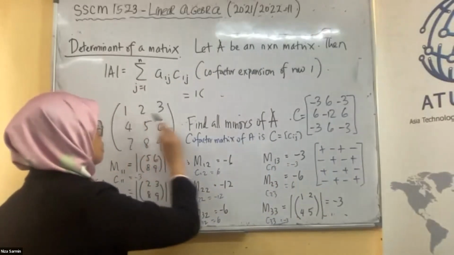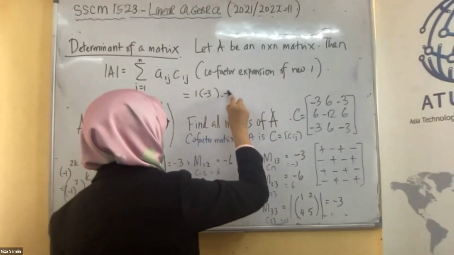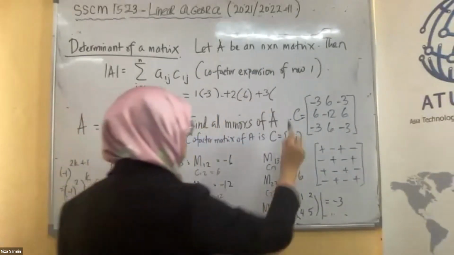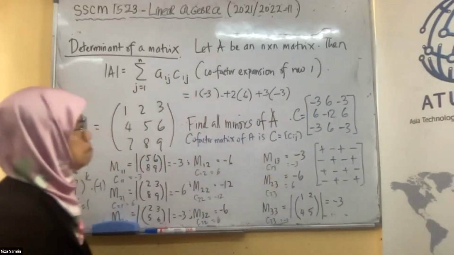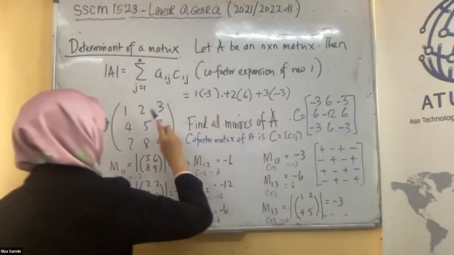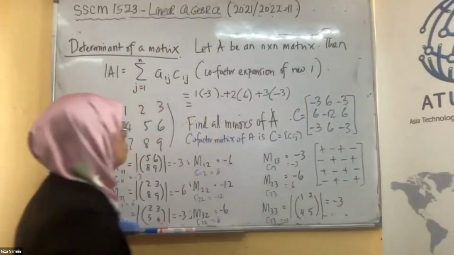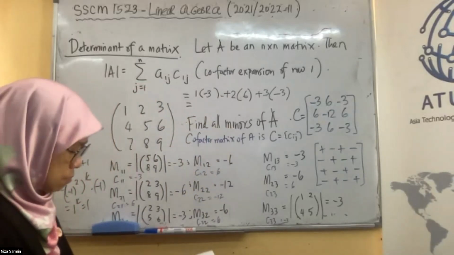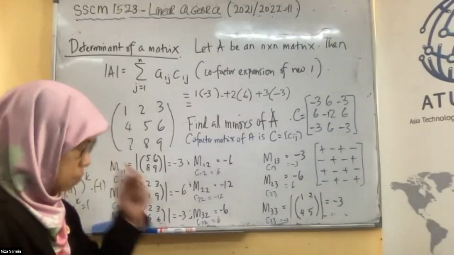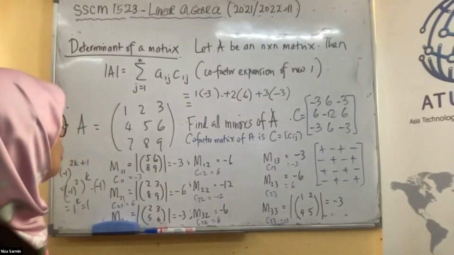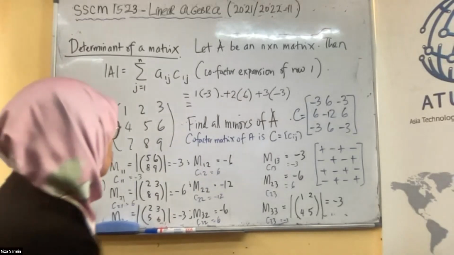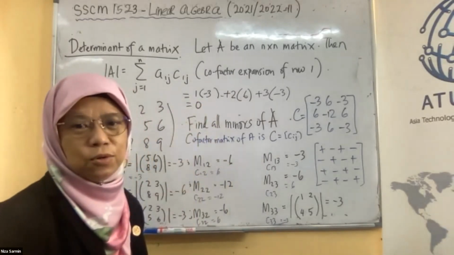So you take 1 times -3 plus 2 times 6 plus 3 times -3. What's the answer? 0. Tiring to calculate and get 0.